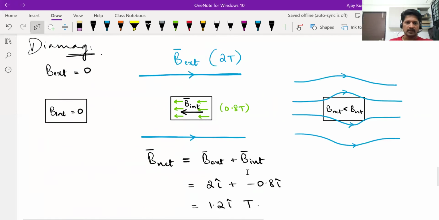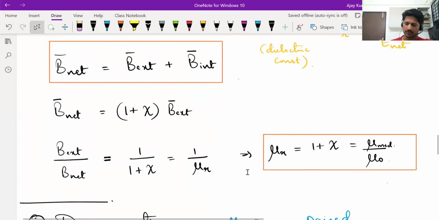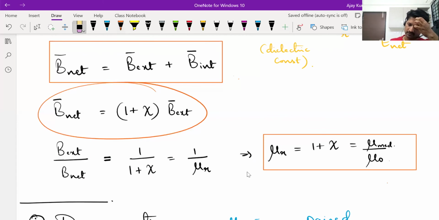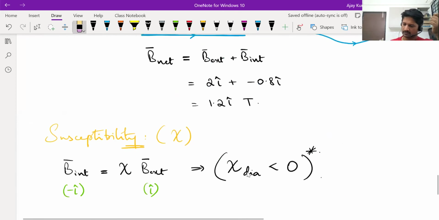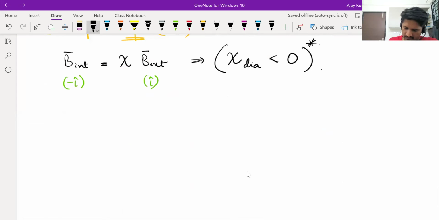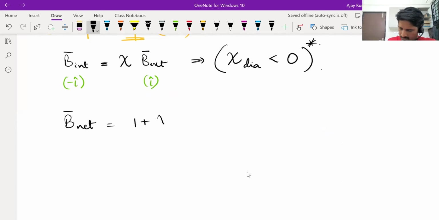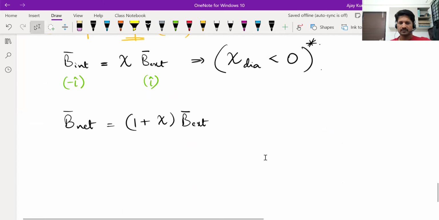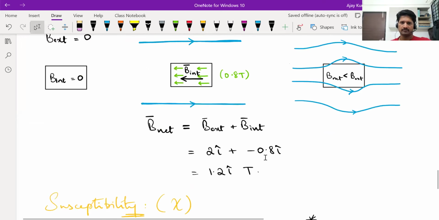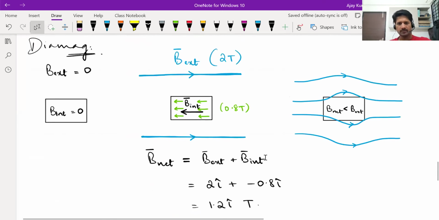Okay, and see, where did we get that 1 plus x? We got B net is equal to (1 plus x) times B external. Now in diamagnetic materials, the internal field won't be strong enough to cancel the external field. So the net field won't become 0.